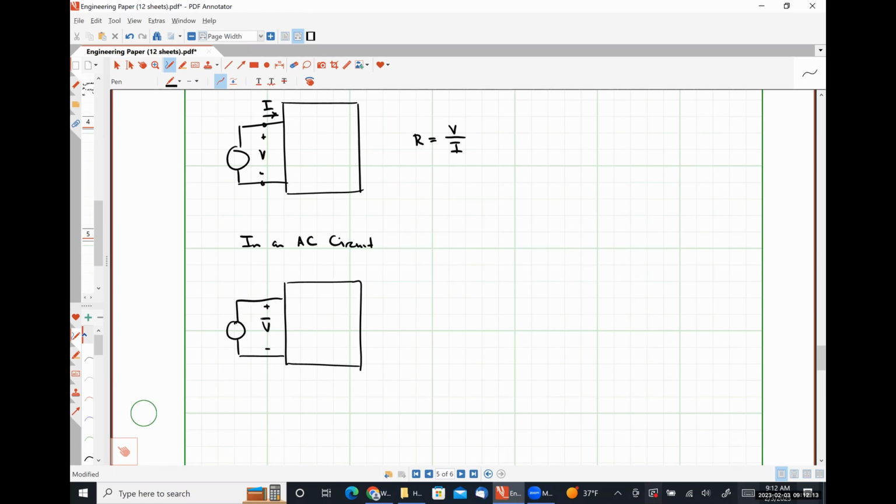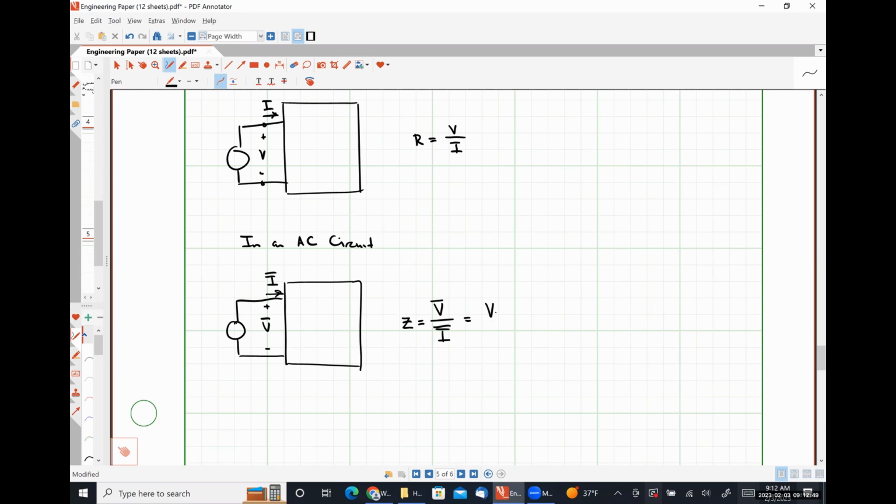If we measure the phasor voltage across the terminals of the network and we measure the phasor current flowing into the network, what we get is Z, the impedance, which is defined to be the ratio of the phasor voltage divided by the phasor current. Our impedance Z will be a complex number because it is a ratio of complex numbers, right? So let's look at it in polar form first.